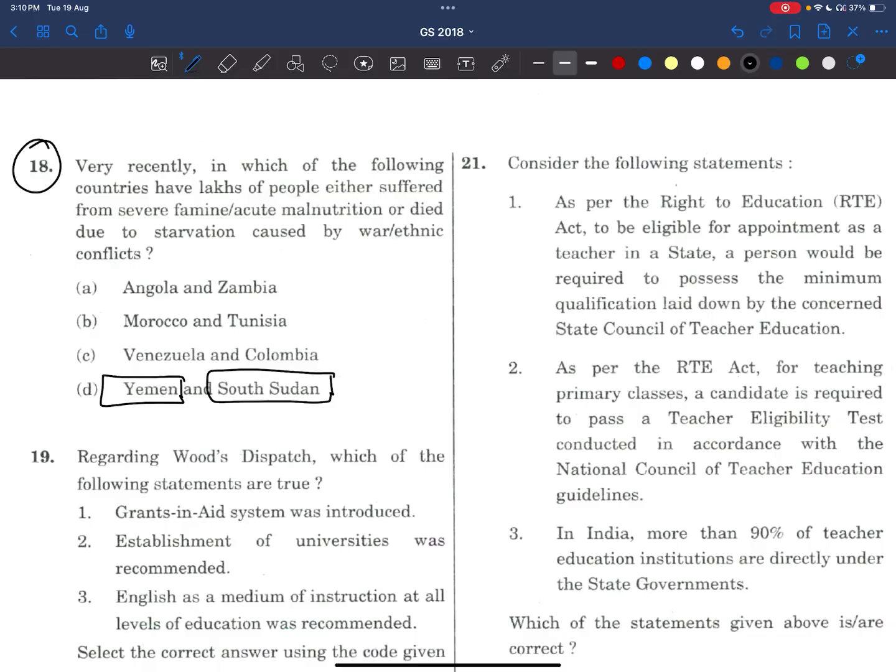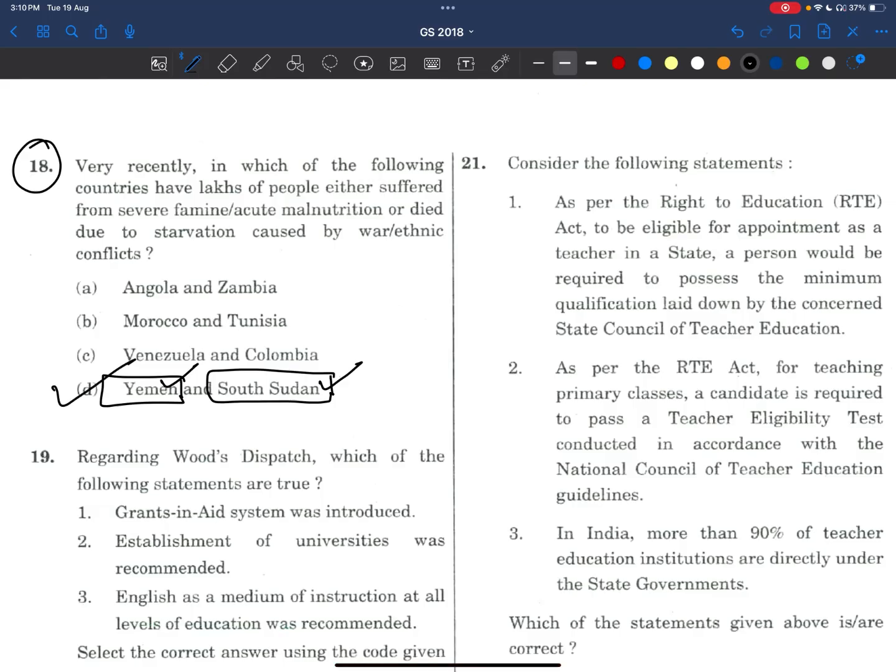Okay, governments and all those things are not functioning in a right way, and also there are many civil wars and ethnic conflicts in these regions. Okay, it's not driven by their geography; it is driven by the vested interest of other Western nations also. Okay, some have their own ethnic conflicts, and also these issues are aggravated by the other Western nations. Their influence is very much there. Okay, so here answer is D.